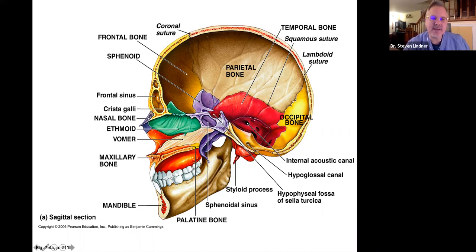Here from the side view, that is again the hypophyseal fossa of the sella turcica. So this is the hypophyseal fossa of the sella turcica right here. And again, that's in the sphenoid bone. And what sits in here? The pituitary.